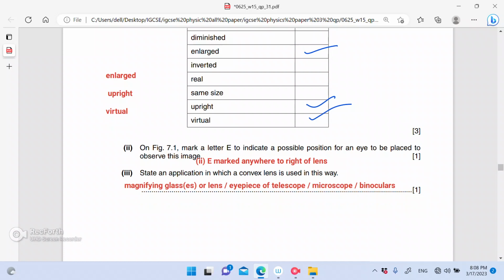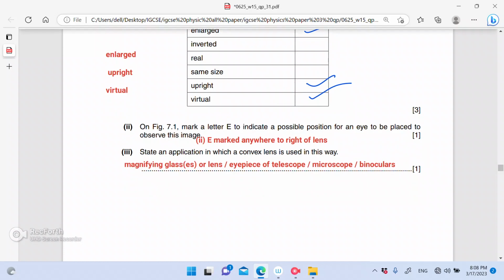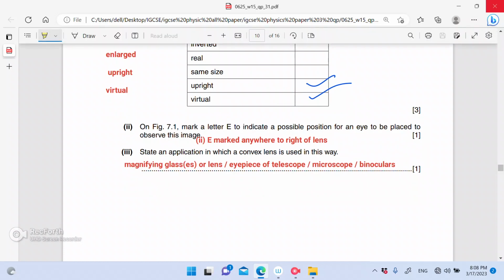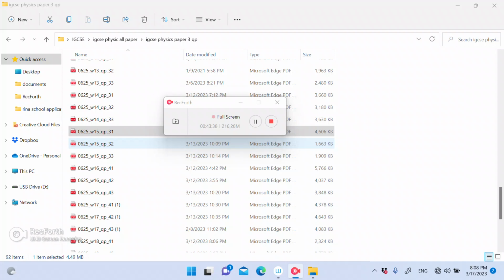State the application in which a convex lens is used in this way. So obviously it is used in telescope, microscope or magnifying glass.